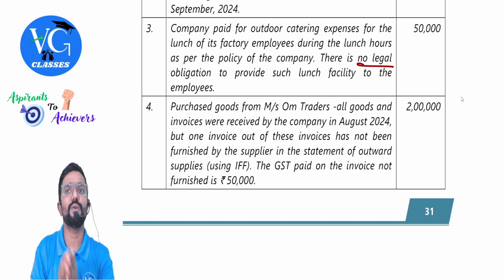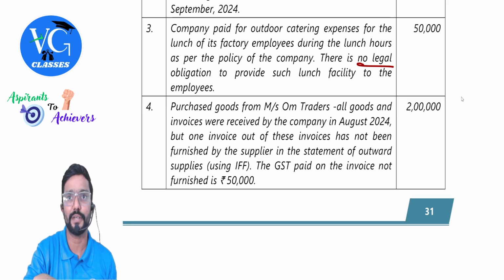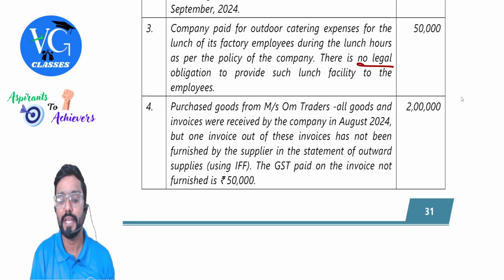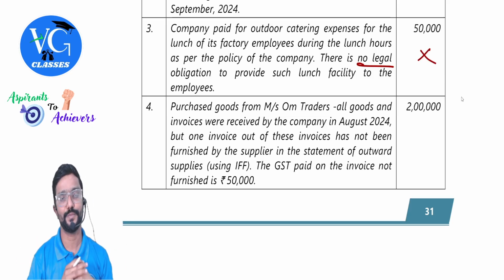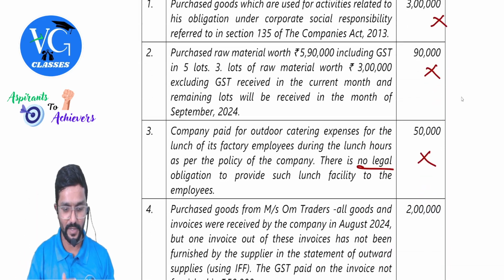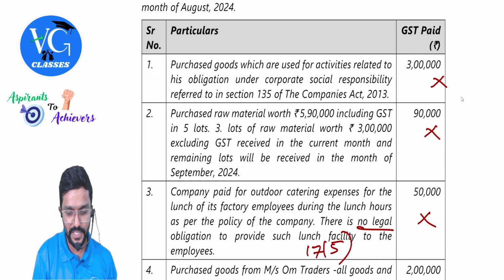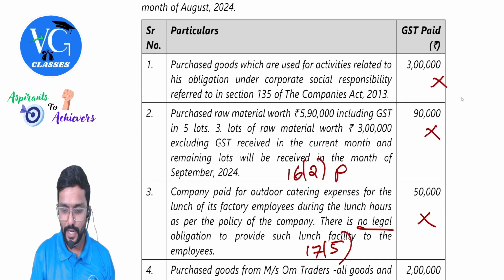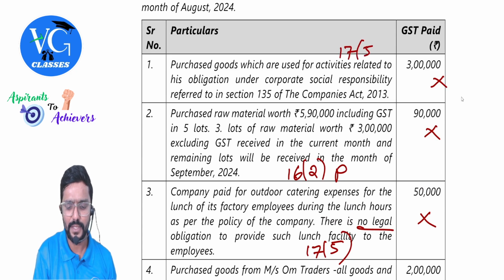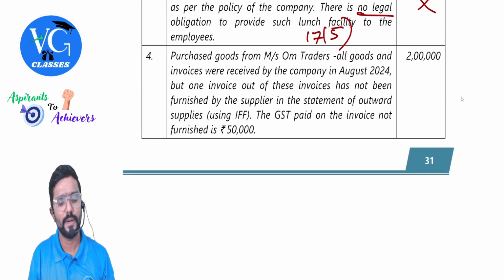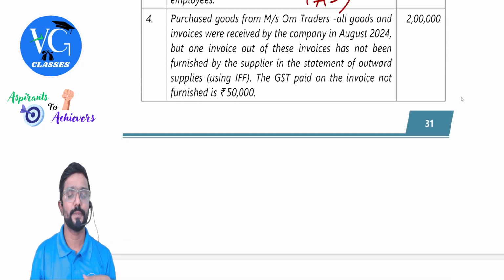But here clearly they told it is not an obligation for the employer. Still he is providing the lunch. Can credit be claimed? No. All 3 credits are not available. This is as per which section, sir? 17(5). Okay, and even this is as per 17(5) because it is not for business purpose. It is blocked.